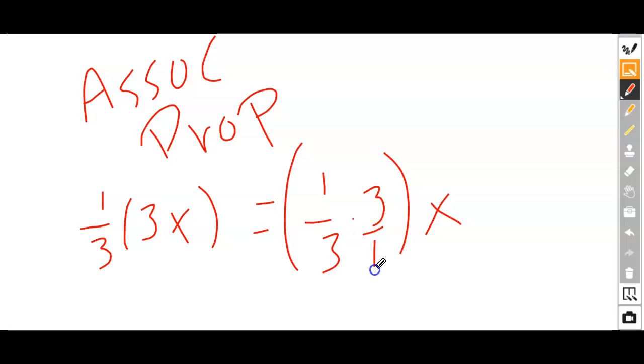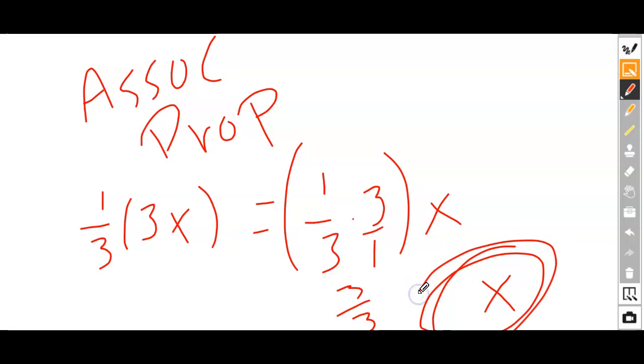So 3 is really 3 over 1. I multiply those and I get 3 over 3, or 1. And then 1 times x is just x. So my answer is just x on that. So I'm using my associative property to help me solve that problem by moving the parentheses around.